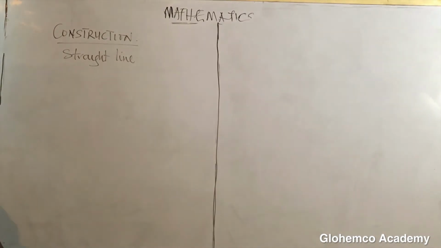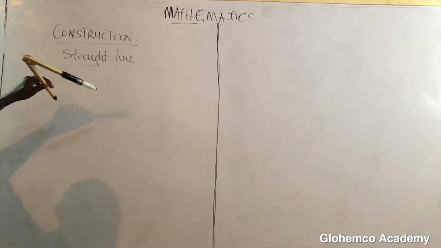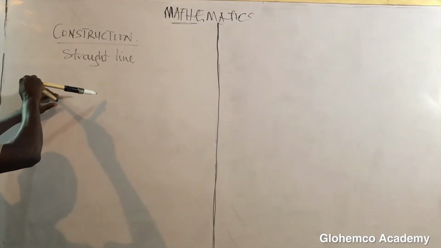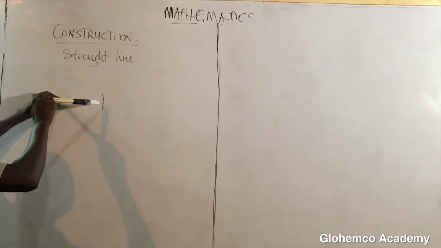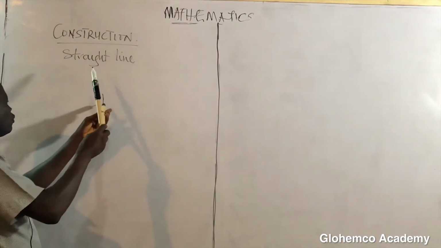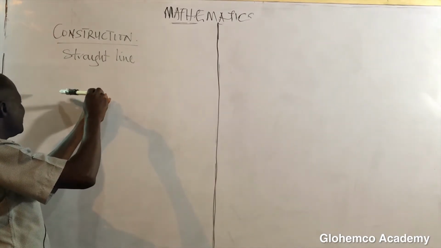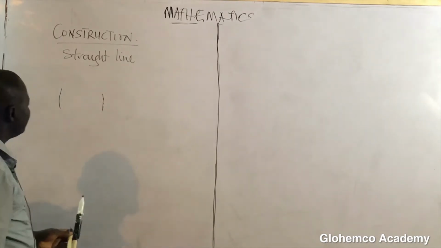If you want to construct a straight line now, you place the measurement from your compass on the book, just like this. Then you mark an arc. After that, you return the nail end to this end, make sure it rests on the arc you have drawn, and draw another arc.